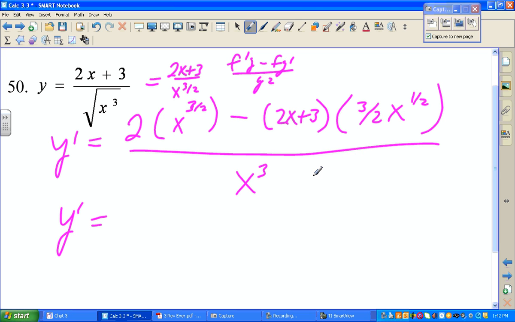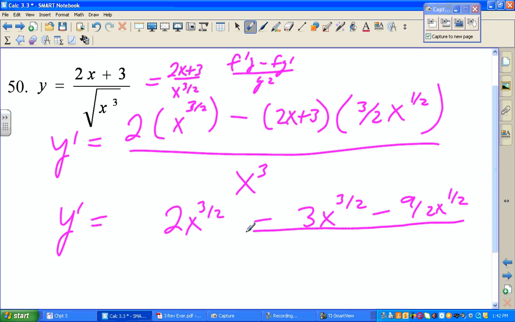Anything to factor out, or do you want to distribute? Interesting. Some would have factored, but that's okay. 2x to the 3/2 minus 3x to the 3/2 minus 9/2 x to the 1/2 all over x cubed.